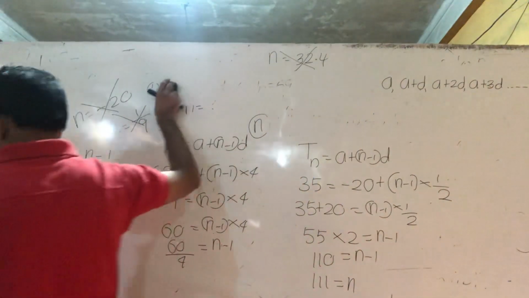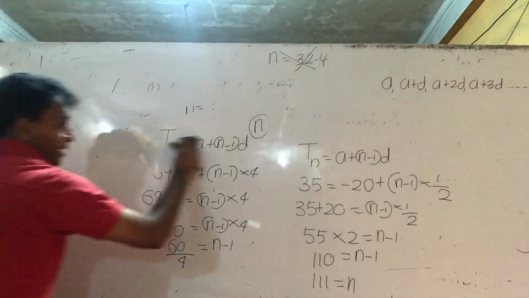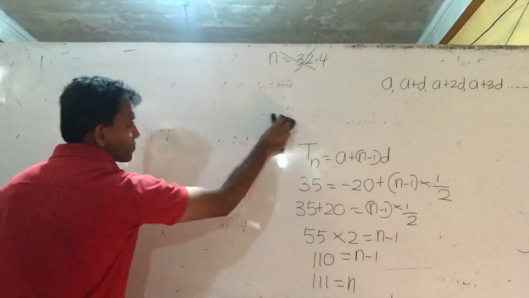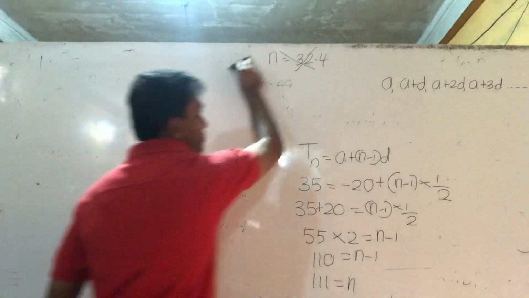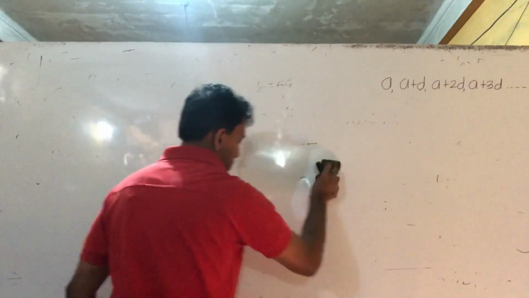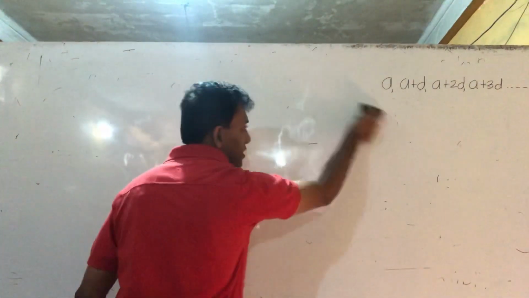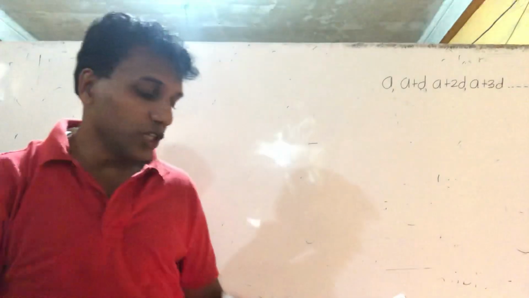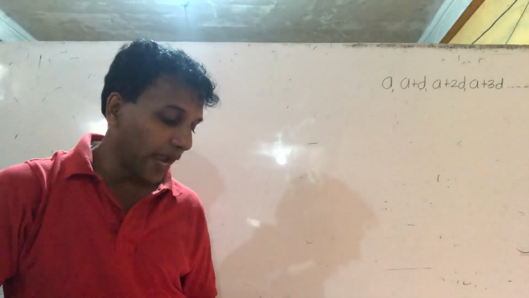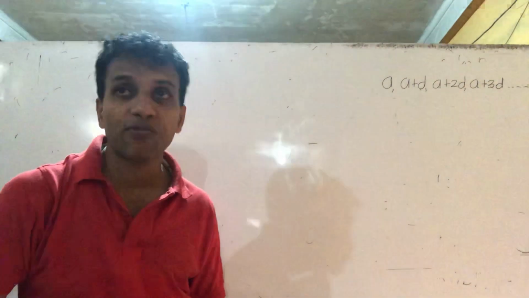Okay, now I show the type 4 in your book, that exercise. Go through and see the type 4 questions. I will show a couple of those problems and the important question. They ask, find the nth term for each of the following arithmetic progressions. Find the nth term in the simplest form.